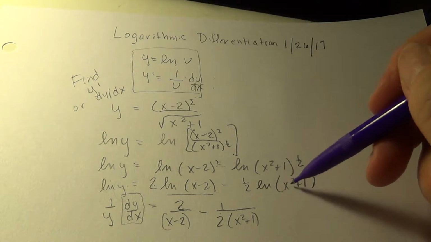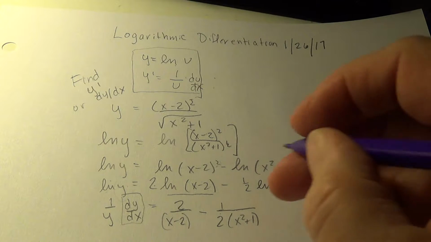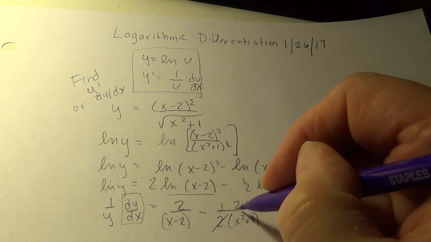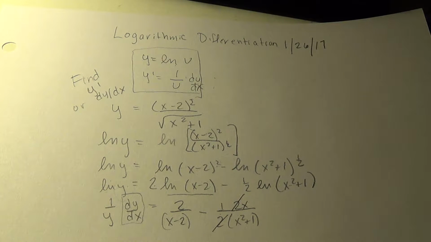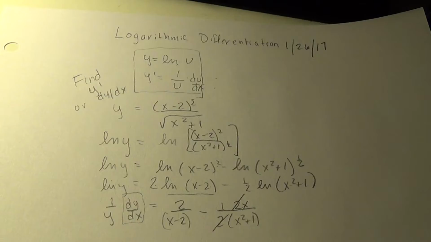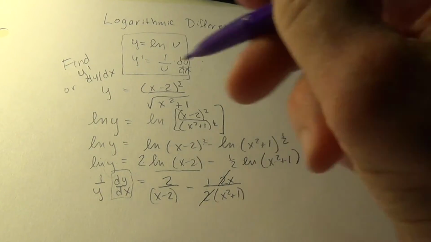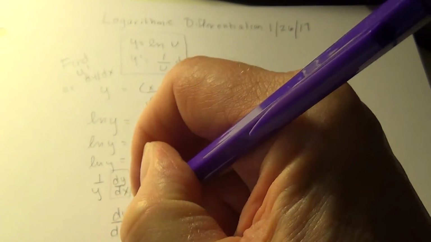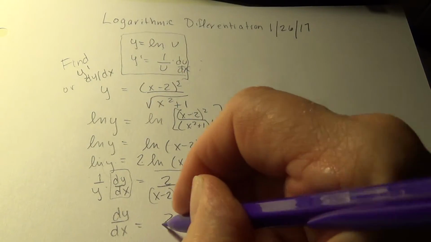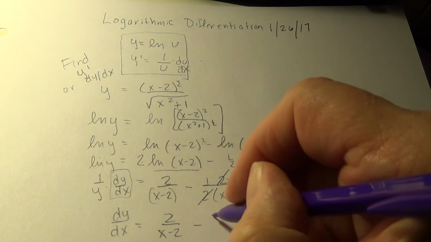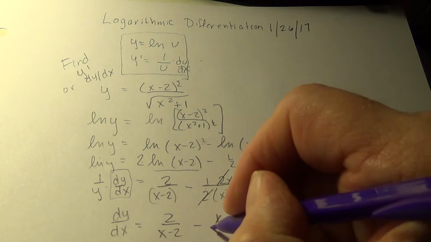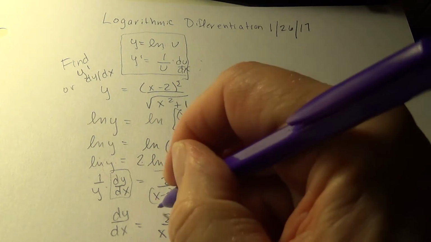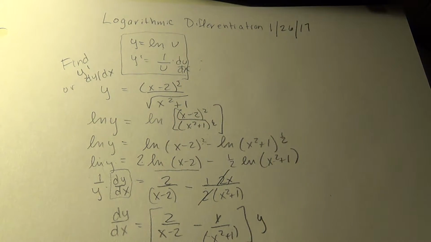The derivative of this expression is 2x. Alright, in this term the 2's cancel, so I'll take care of that right away. And I can move the y to the other side by multiplying both sides by y. So all that is multiplied by y now.